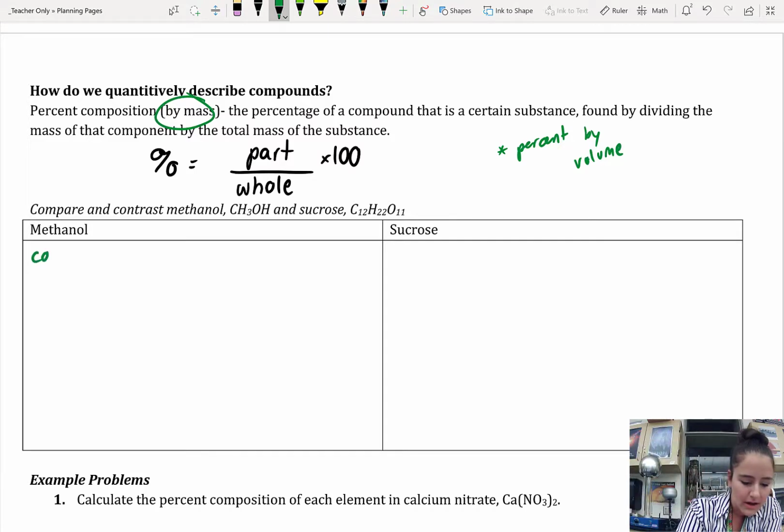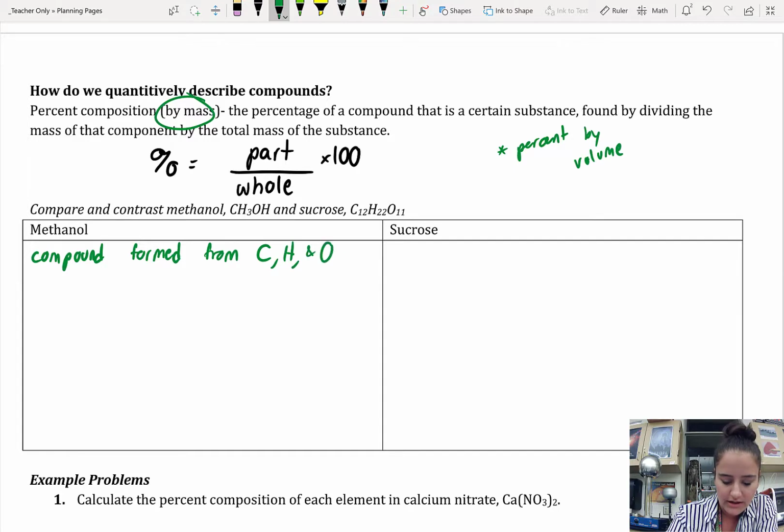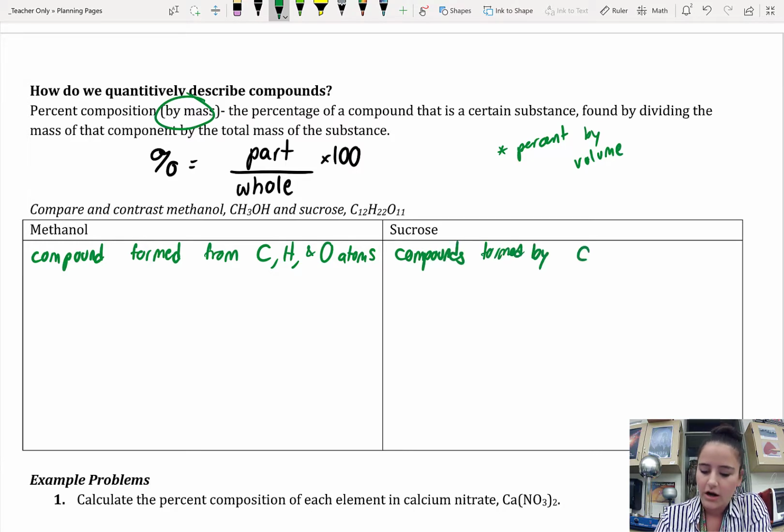So these are both compounds formed from carbon, hydrogen, and oxygen atoms. Now, most organic compounds are compounds formed by carbon, hydrogen, and oxygen atoms, and some nitrogen. So this is what they have in common.